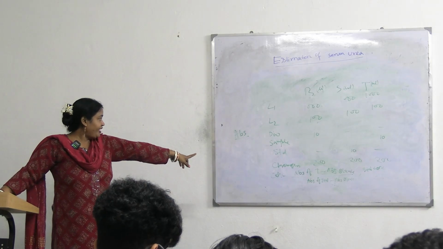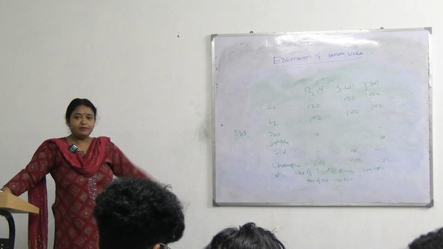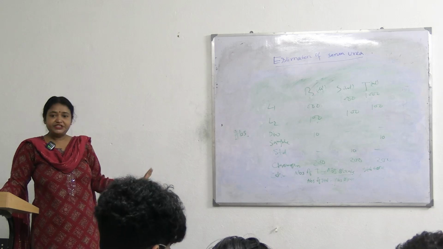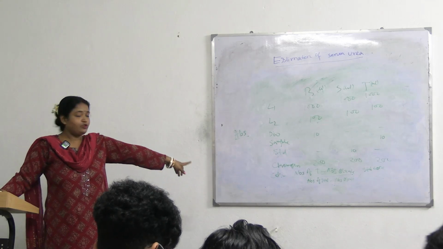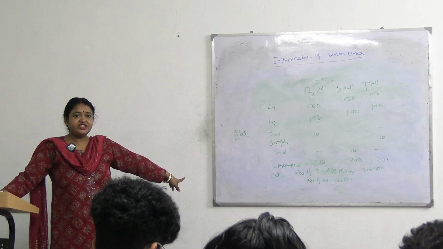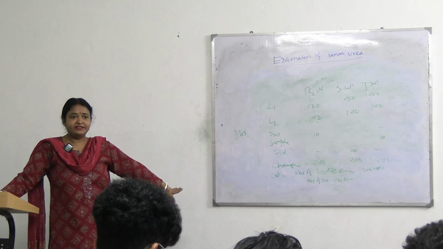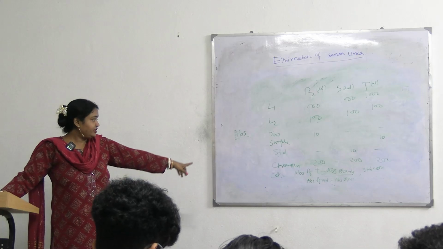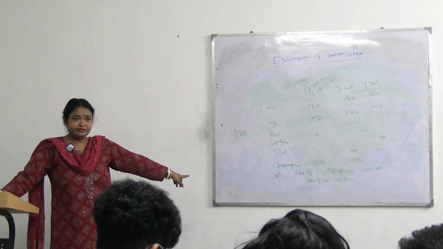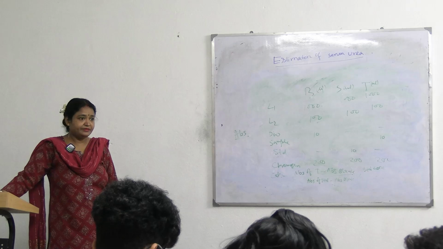So everywhere, from test and standard, we deduct the absorbance of blank. Why are we doing that? Because that reagent can have some color and it can give us some absorbance. So we want to nullify that. For that we are measuring it.